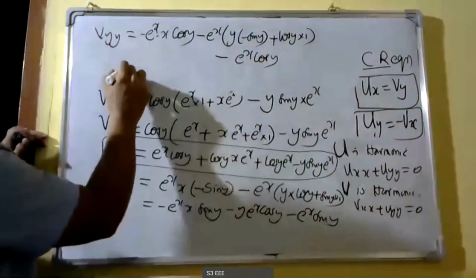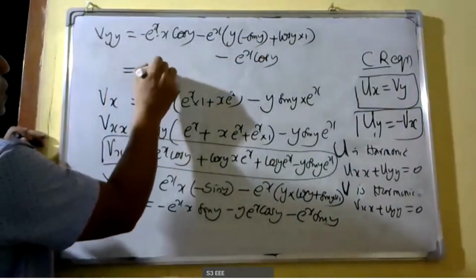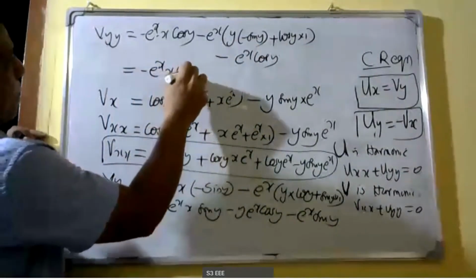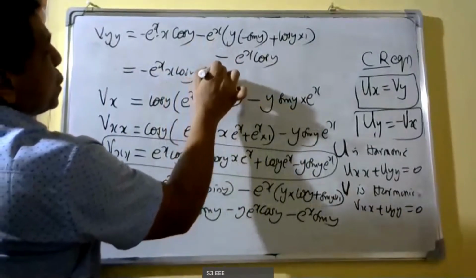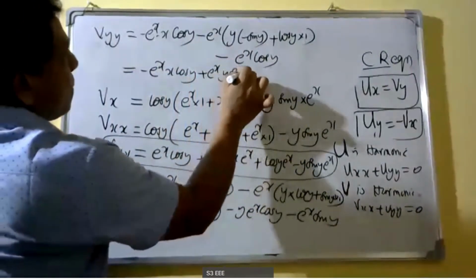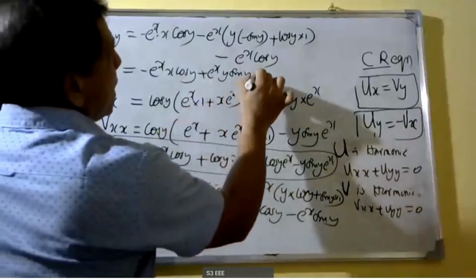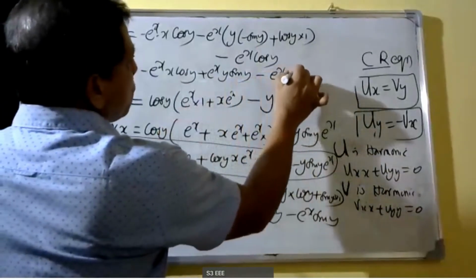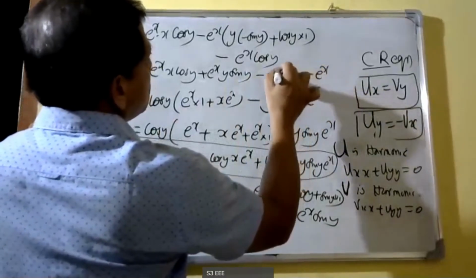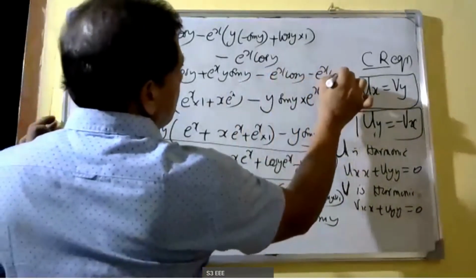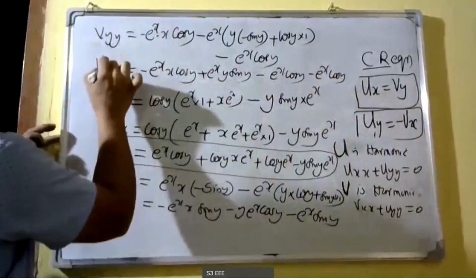That is, removing the brackets, we get minus e raised to x into x cos y, then plus e raised to x into y sin y, minus e raised to x into cos y, minus e raised to x into cos y. This is known as Vyy.